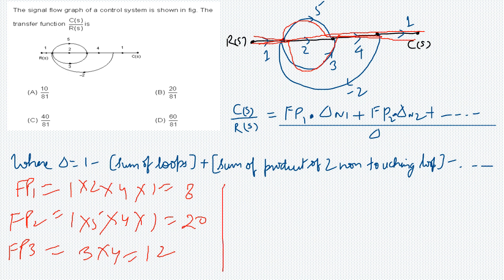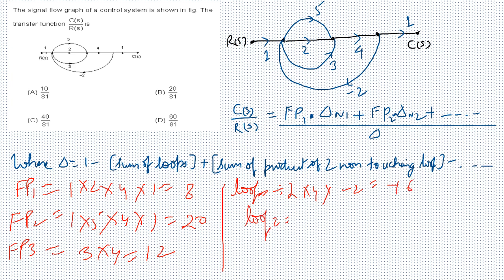Now let us see what the loops are here. First, there is a loop 2, 4, minus 2. It is 2 into 4 into minus 2, which gives me minus 16. Loop 2 is 3, 4, this loop, so it gives 3 into 4 into minus 2, which is minus 24.